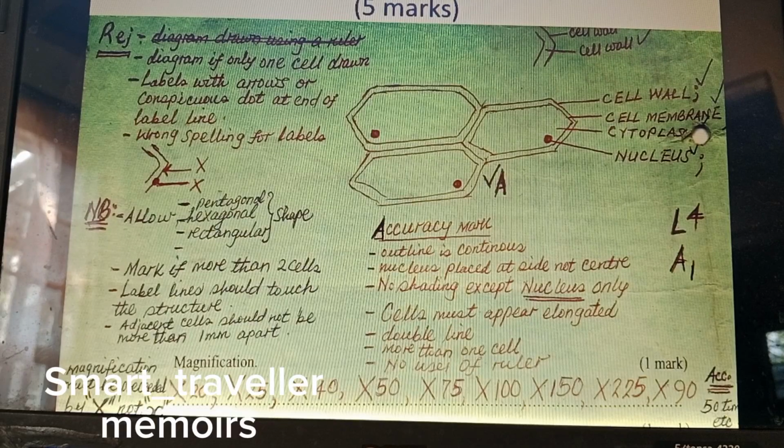Times 20, times 25, times 40, times 50, times 100, times 150, times 225, and times 90, except if somebody says 90 times or 50 times or 20 times without necessarily putting the X. The magnification must be preceded by a capital X and not a small x.